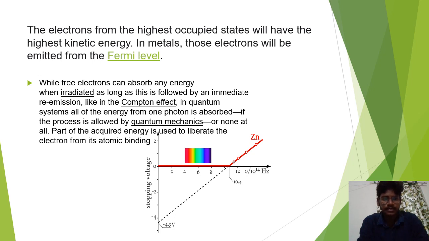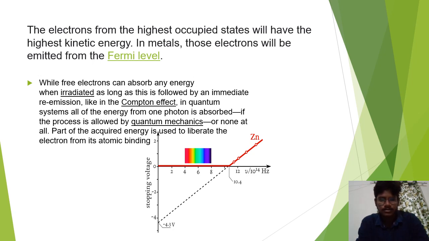While free electrons can absorb any energy when irradiated, as long as this is followed by an immediate re-emission, like in the Compton effect.